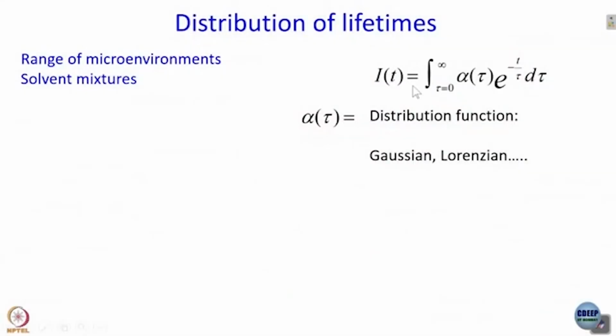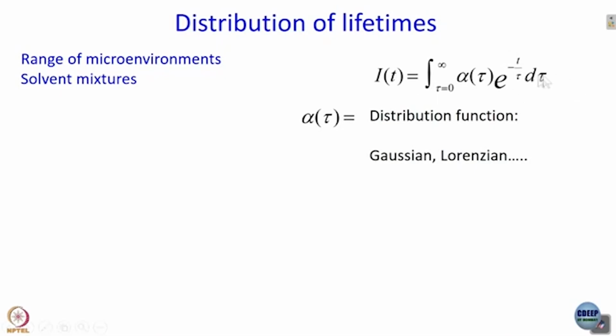I(t) is equal to the integral from 0 to infinity of alpha(tau) e to the power minus t by tau d tau. Please note it is not dt. Of course, an integration is a summation, but here alpha(tau) means the distribution function of lifetime and we are integrating over lifetime.